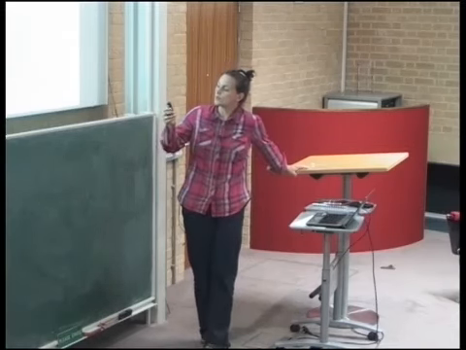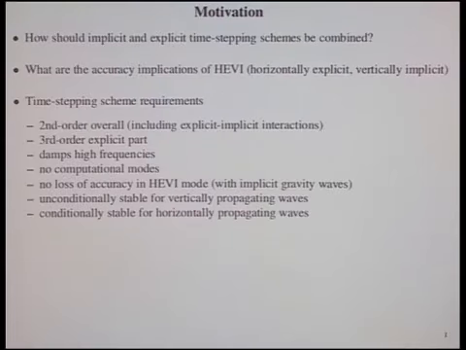When I started this work, the Met Office were concerned about HEVI, horizontally explicit, vertically implicit, and this would introduce splitting errors, and they were concerned about the loss of accuracy with doing horizontally explicit, vertically implicit. So I'm going to look at that.